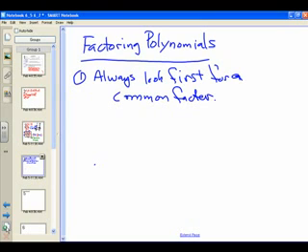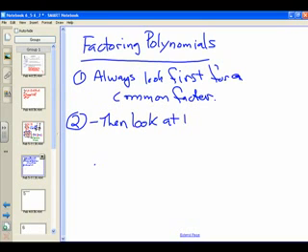Always look first for a common factor. There's a little brown box there that we're getting this from, in section 6-7. Number 2, let's say letter B. Then you want to look at the number of terms.